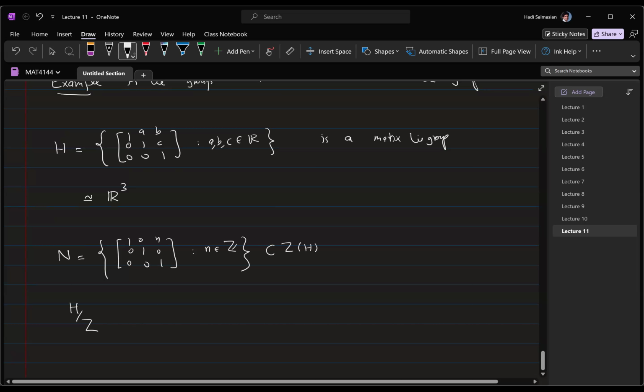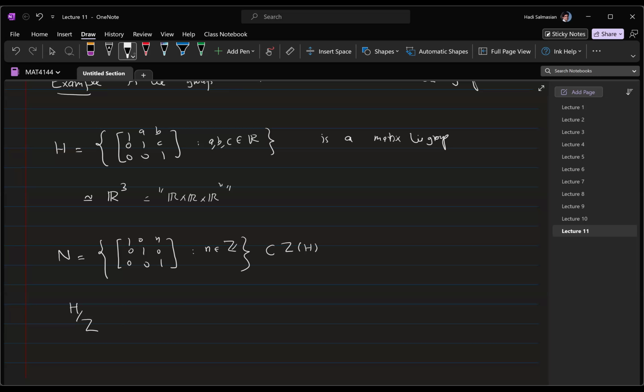Now, factoring by N only affects, you can think about this topologically as R cross R cross R. It's not the same as this Cartesian product as a group. This H is non-abelian, this Cartesian product is abelian. But I can at least topologically think about it that way. And then factoring by this last component really means I have this R factored by Z, right? Because this only occurs in this last component, okay?